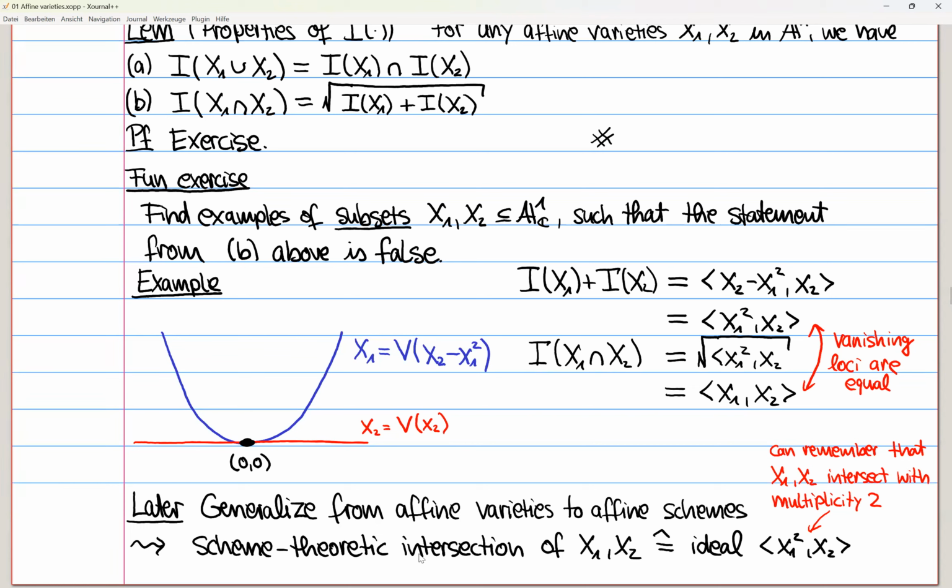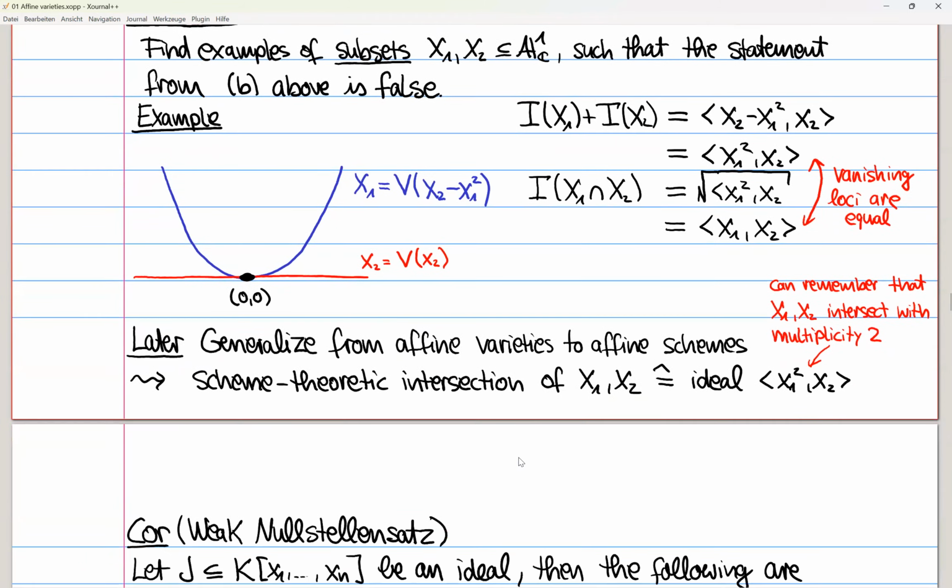And then we see that the scheme theoretic intersection of these corresponds in some way to the actual ideal (x1 squared, x2). And you see in that ideal, we remember there's a multiplicity 2 in the intersection. So we will have more information available to us. Okay. So this was the example dealing with ideals of unions and intersections.